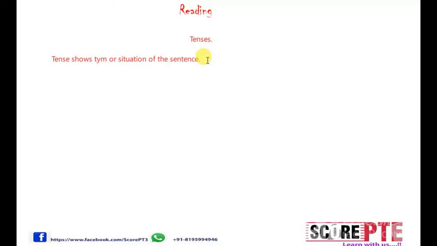How many types of tenses are there? Three types: present tense, past tense, and future tense. In these three tenses, there are also some parts.